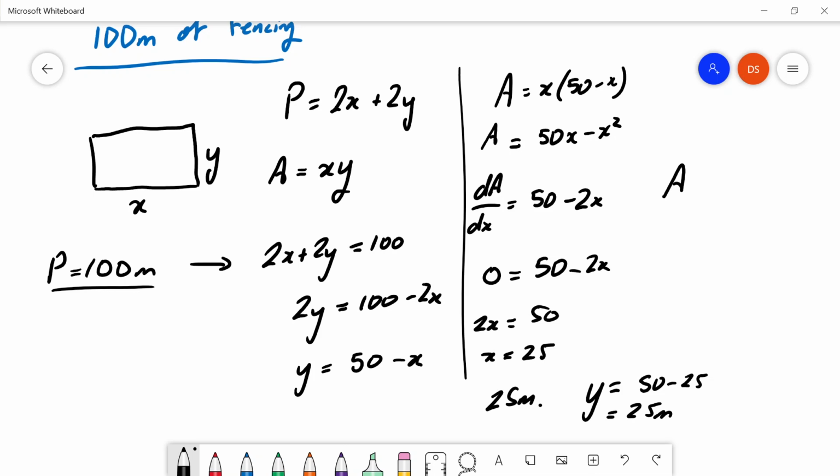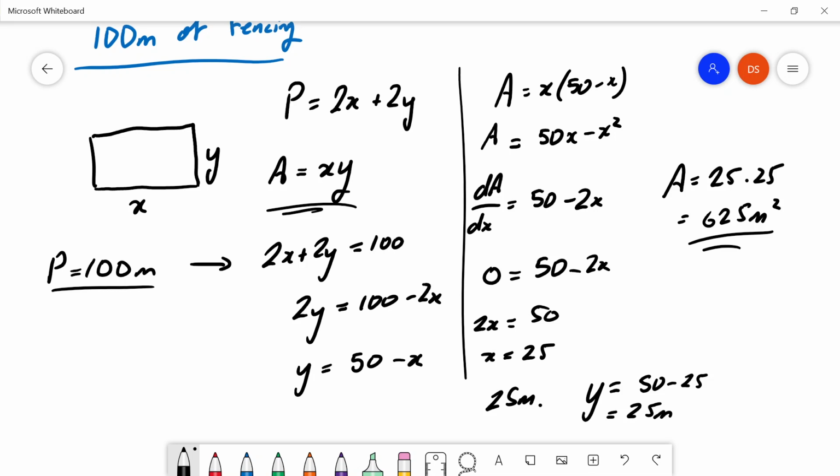The area is equal to 25 times 25, which is 625 square meters, and that is the maximum. Okay, and I've plugged that into this area equation, but you could have plugged it into any area equation and you would have found the maximum.